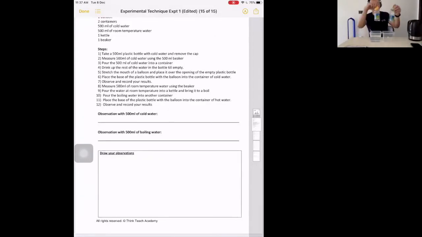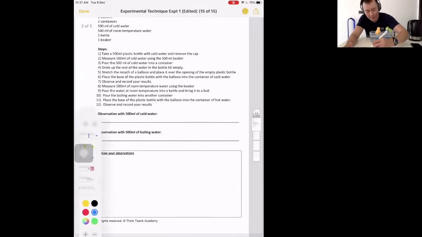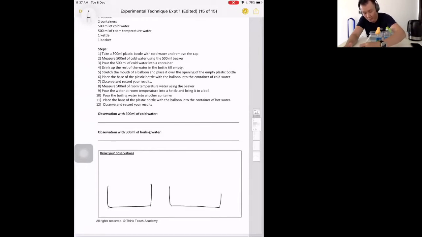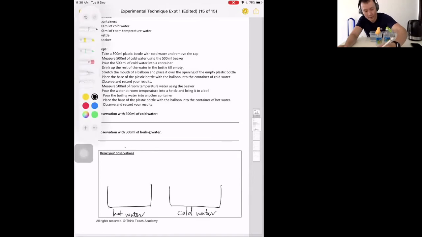Before I start adding the hot water, I will draw the diagram of what I'm trying to achieve first. As you can see, the water is already boiling. I will draw one side with cold water and the other with hot water, and then there'll be a bottle.